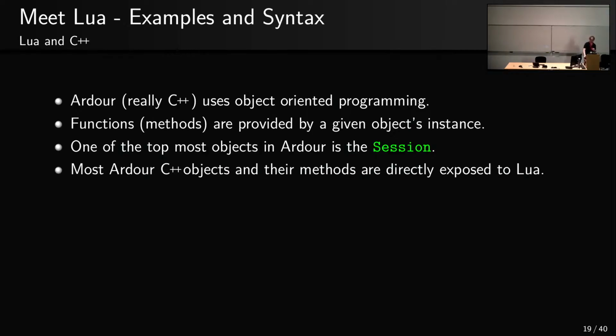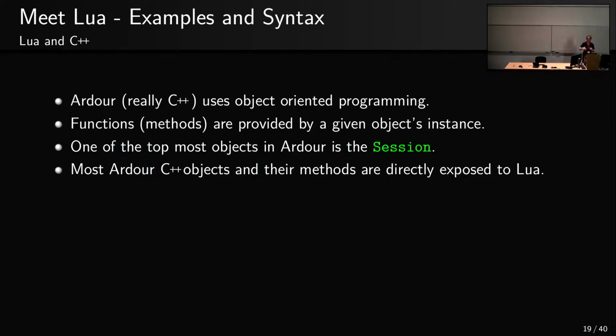Most of the Ardour C++ objects and their methods are directly exposed to Lua. We didn't do a complete one-time export of all of the symbols, but we went step by step. The idea was to both document them while adding Lua bindings and also write small example scripts that are going to come in handy later on if you're part of the workshop.